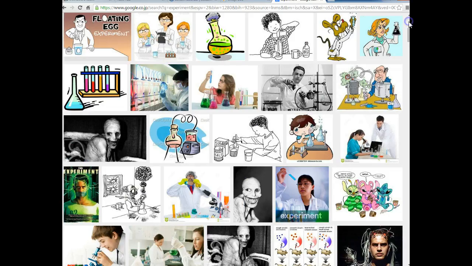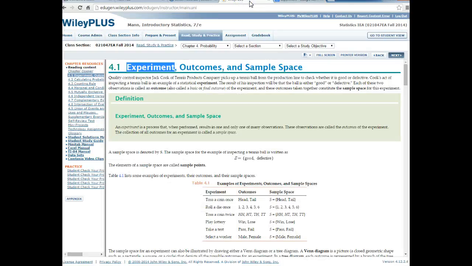Okay, so experiment, that's what we think of, right? But in probability, it has a special meaning. And it means performing some action where you don't know the outcome. Is that reasonable to say that that's what an experiment should be? Well, put it this way.